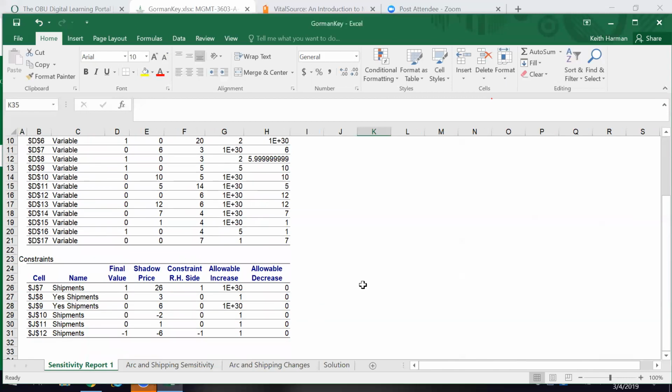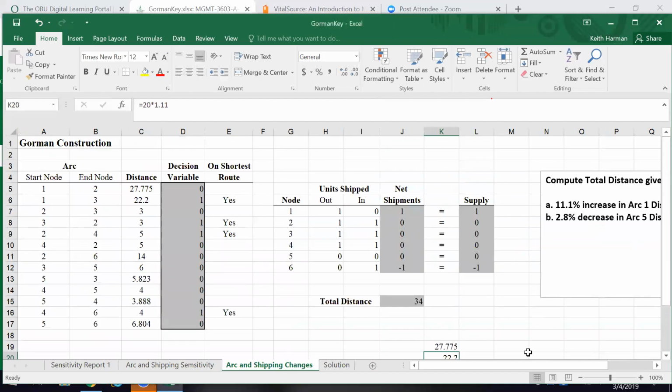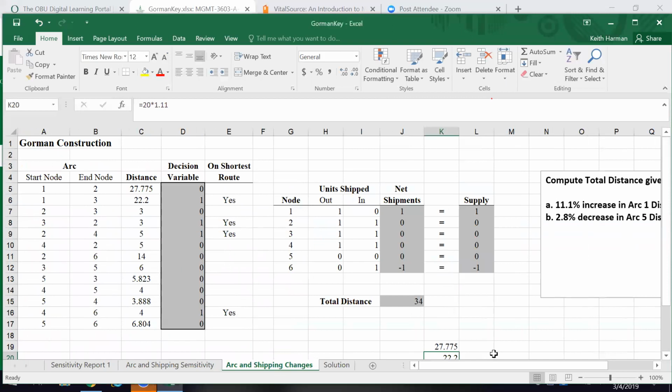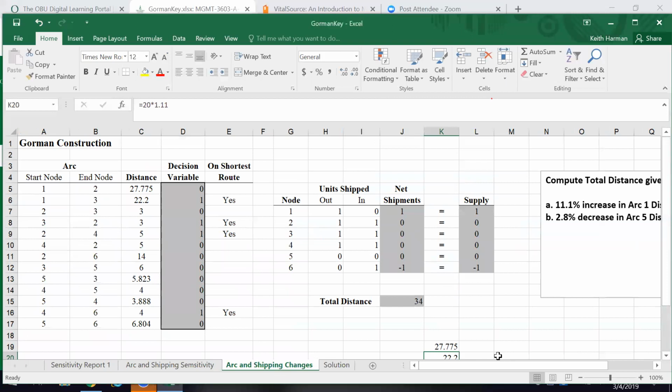And you can see with the constraints, we don't have a lot of wiggle room. We've run an optimal solution. Again, what we did here is we took arc 1 and we increased its distance, and we took arc 2 and we increased its distance.